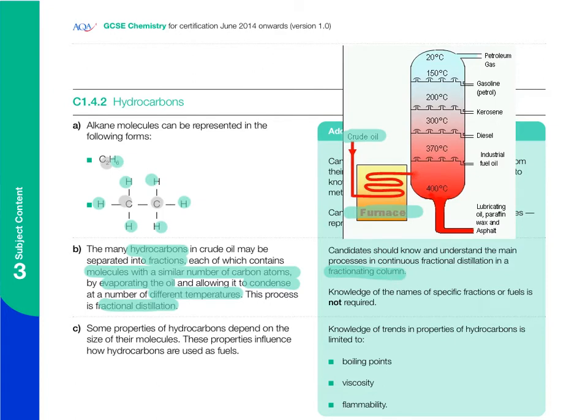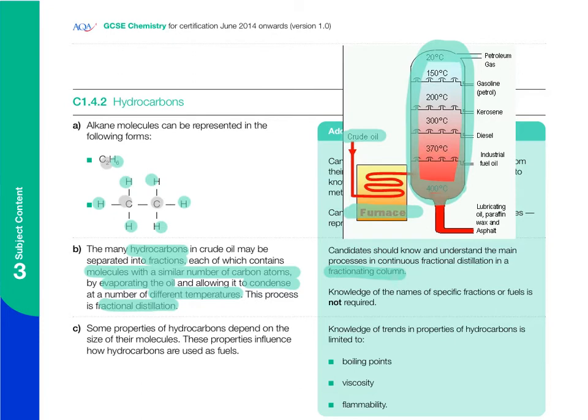Then when it's inside the fractionating column, this machine here, there are different temperatures: it's much cooler at the top, only 20 degrees Celsius, and much hotter at the bottom, 400 degrees Celsius. Different chemicals are going to condense, because remember you've heated them up and turned them into a gas, so they're going to condense and go back from a gas to a liquid at different temperatures.